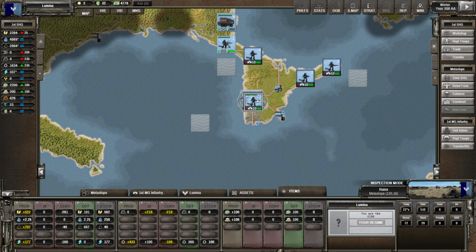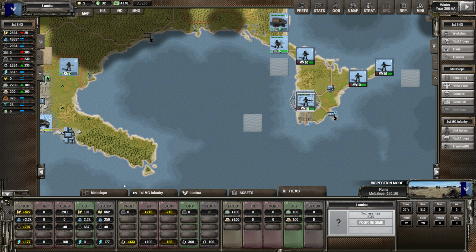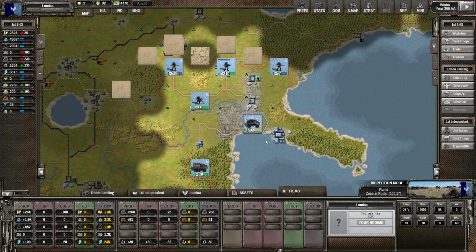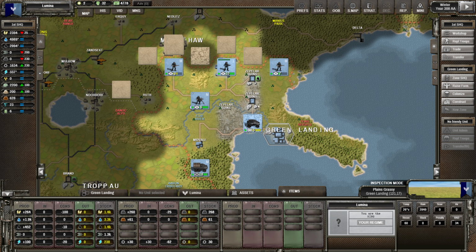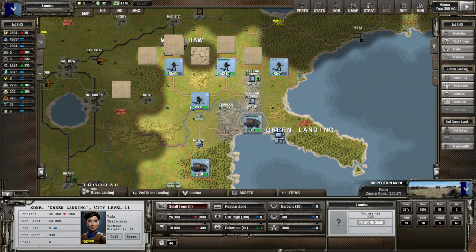There are certain controls. For example, let's say that this zone is isolated from the SHQ for whatever reason. In this case, your armies can actually take food directly from the zone, but that's not normally how it works.